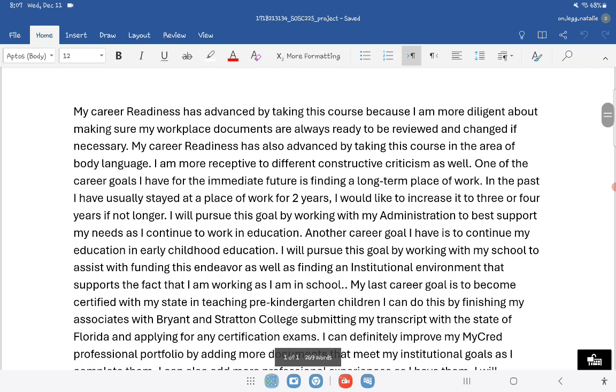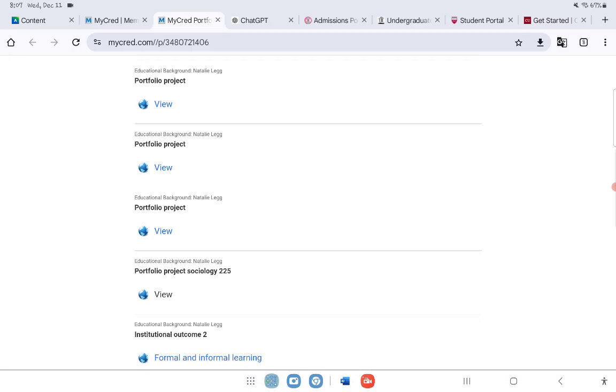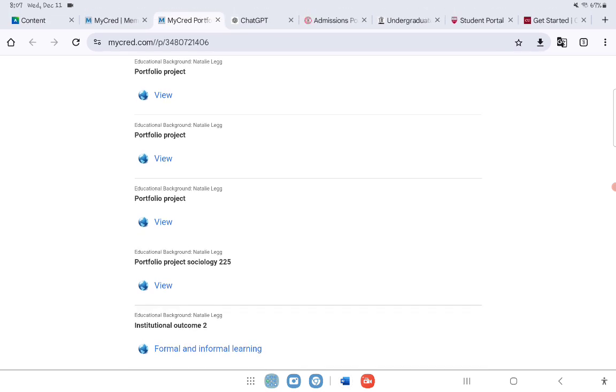One of the things I talked about was how I would like to increase my time at a specific workplace. Traditionally, I only stay 2 years, and I discussed how to improve that. That portfolio project meets the institutional outcome by really harnessing the importance of continued improvement.